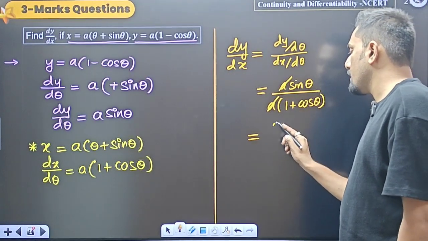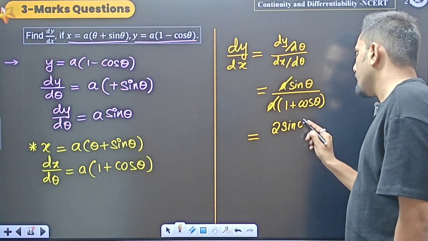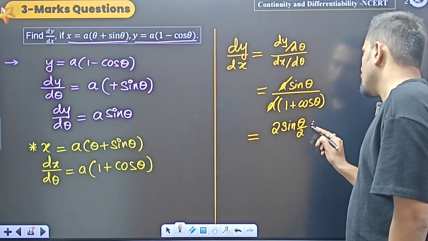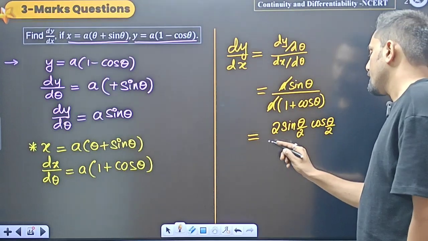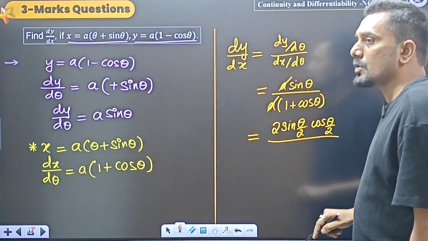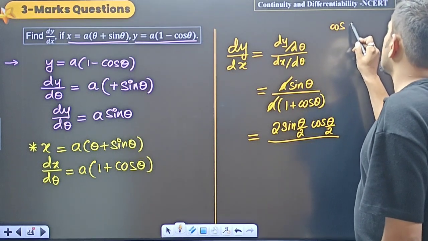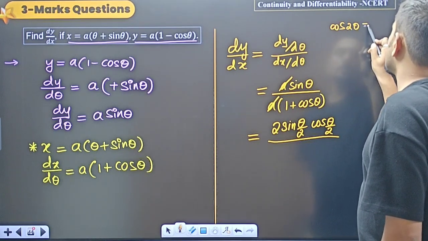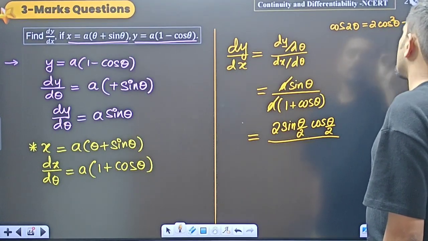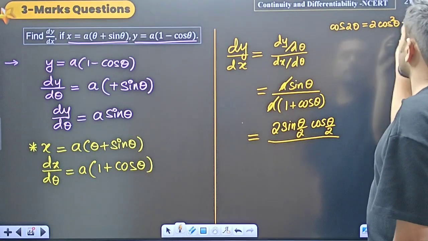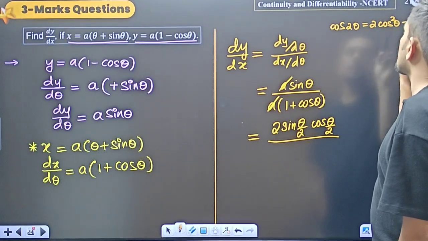Sin theta can be simplified as 2 sin theta by 2 into cos theta by 2. Then what is 1 plus cos theta? So we know that cos 2 theta is equal to 2 cos square theta minus 1. If we shift the minus 1 to this side, 1 plus cos 2 theta is equal to 2 cos square theta.